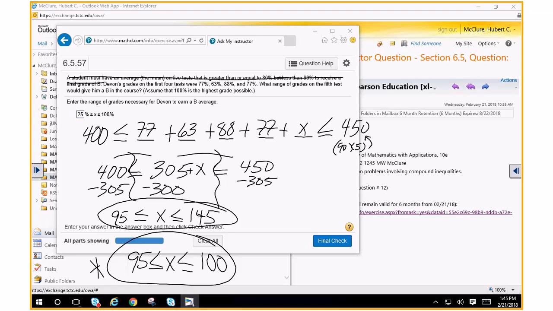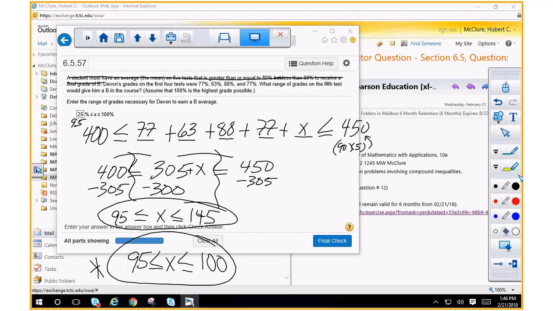I don't know what they want. Yeah, here it is, right here. So 95 goes right here because I did the math right. Capiche? Let's see what the answer is.